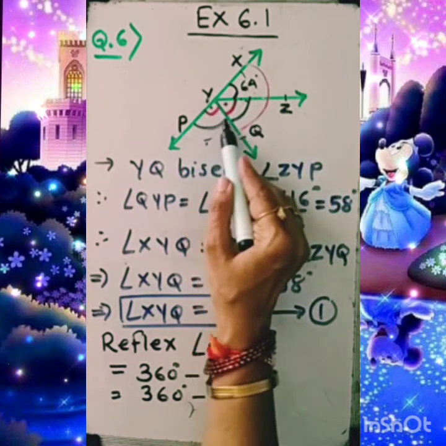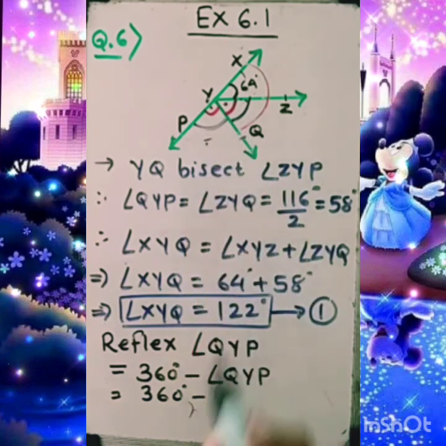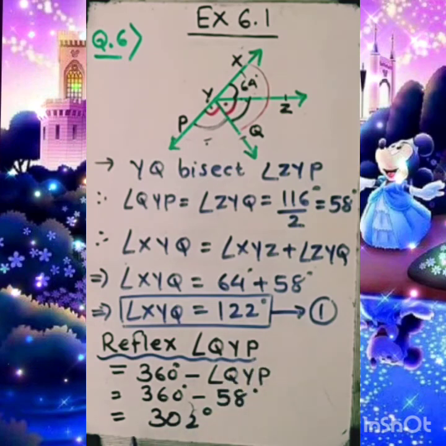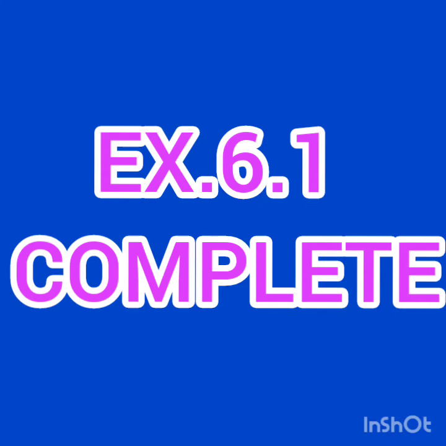QYP is 58 degrees. So subtracting it from 360 gives 302 degrees. So my dear student, this is the second required result according to the question: reflex angle QYP is 302 degrees. That is the second result. Here question number 6 is complete, and exercise 6.1 is over.